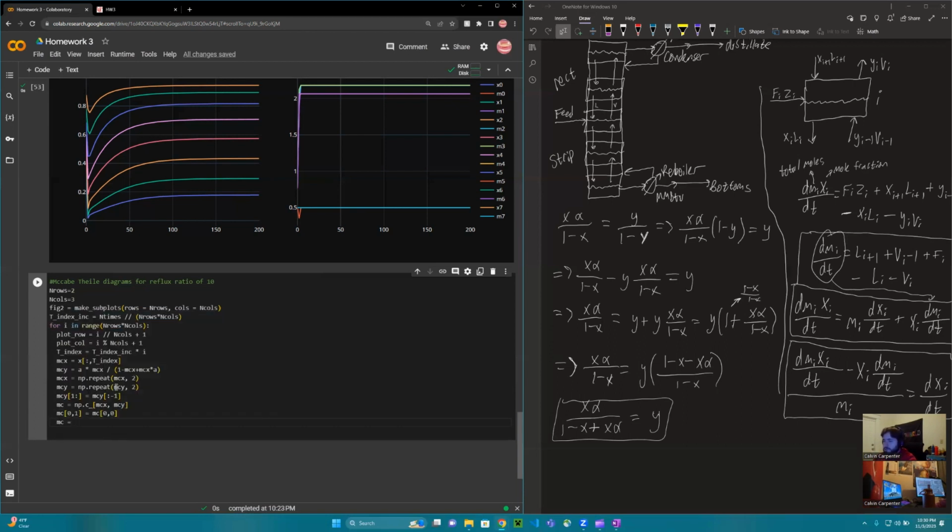C is equal to MC bracket colon -1. Alpha is equal to 2.